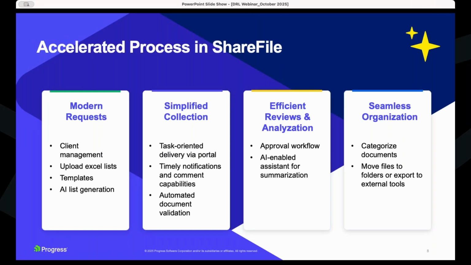We showcased being able to build those lists from maybe an existing list you have, uploading it that way, a template that you created that you need to request a certain amount of documents from a repeated amount of times with clients, and maybe the AI list generation tool. So maybe you don't have that list already and you want to have AI build that and take that work off of your hands.